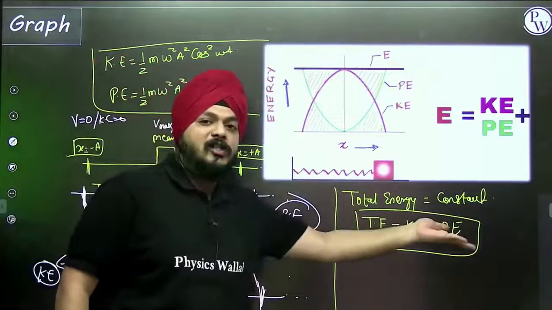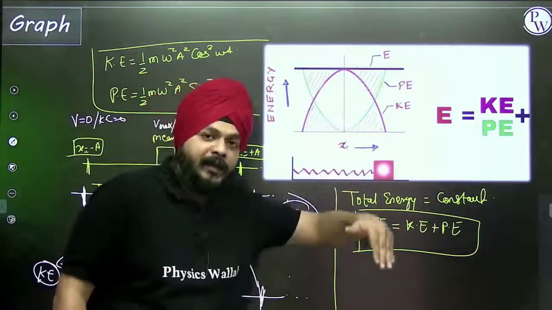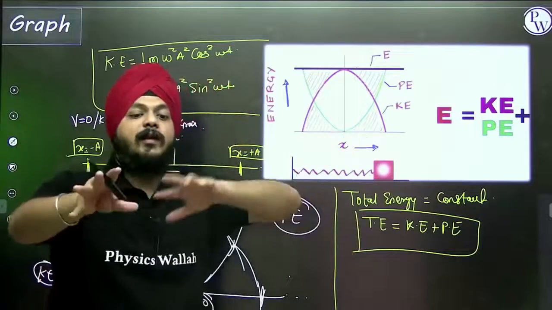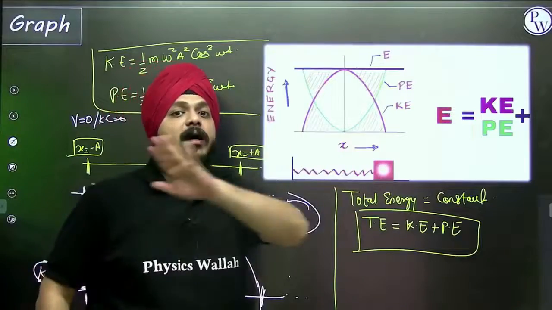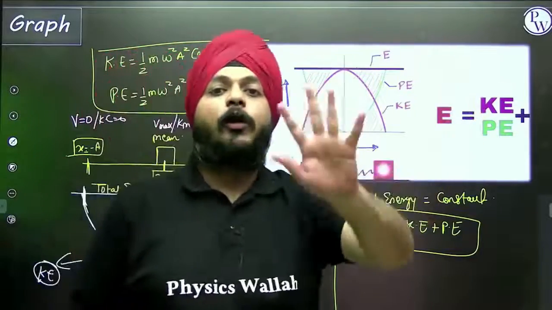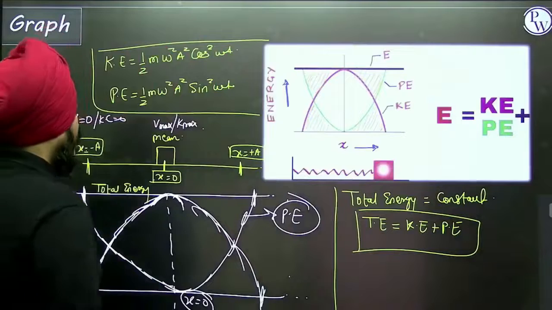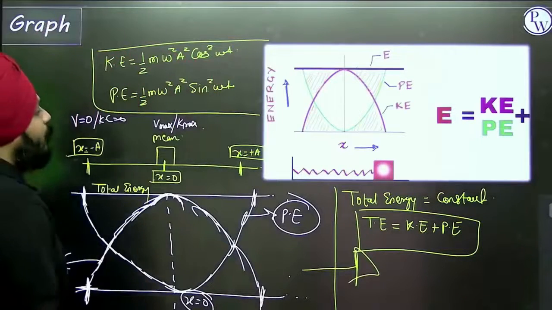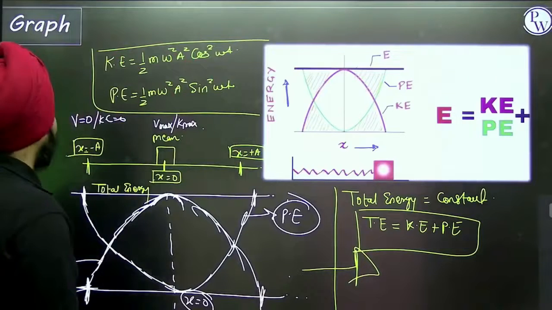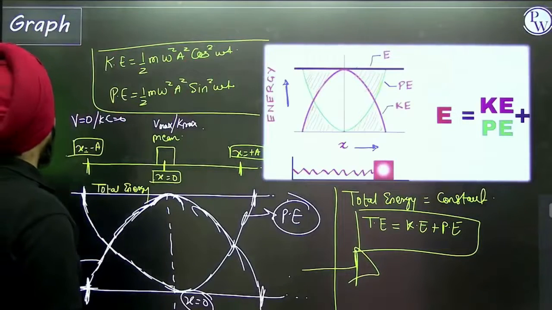At some point potential energy is maximum, at that point the kinetic energy will be minimum. So whatever the variations, at all points on the path the total energy of the particle is going to be constant. So this is what the graph is all about.